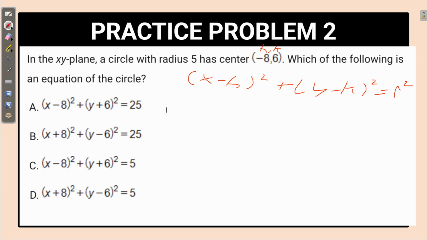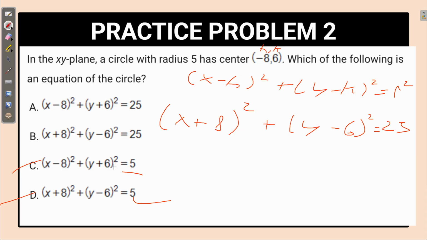So what's x minus negative 8? Well, that's going to be x plus 8. And then what's y minus 6? It's just y minus 6. And then our radius is 5. So what is that squared? 25. So we just have to match. Well, this has 5 as the squared term. Not true. And this is the only one with the x plus 8. So our answer is going to be B.